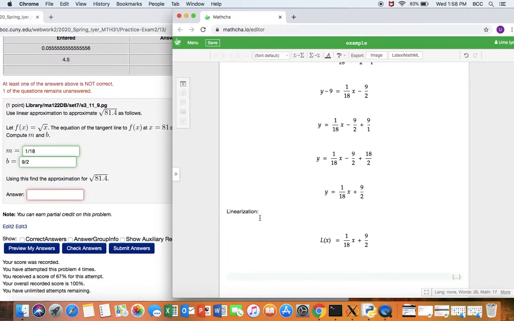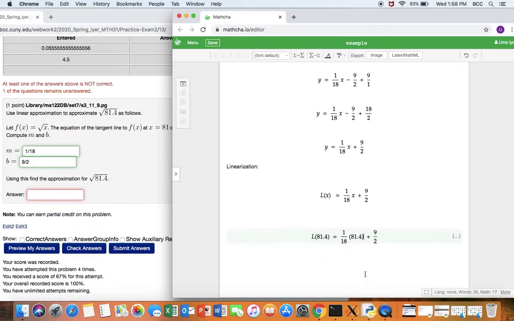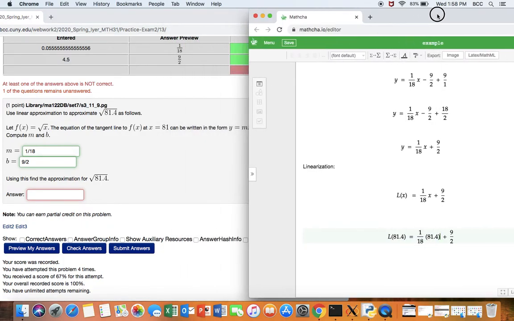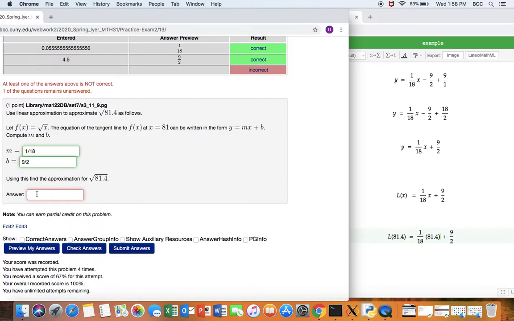So in other words, L of 81.4. Well, do I need to do any of this? No, I just replace the x by 81.4. You see? So in other words, I don't have to calculate any of this, right? I just have to write this expression with 81.4 in the parenthesis.